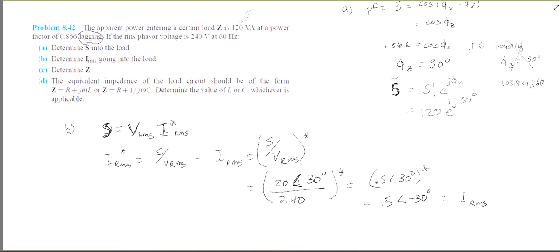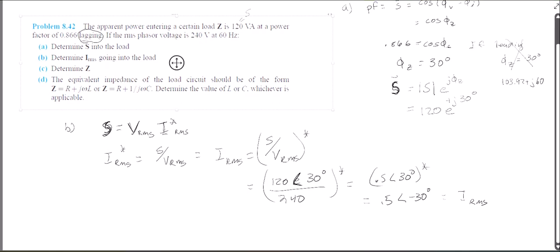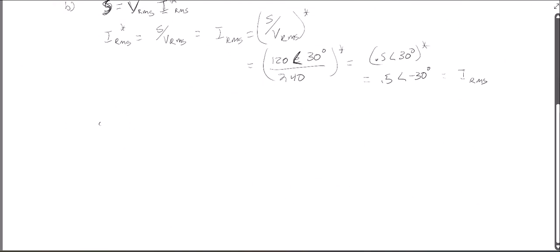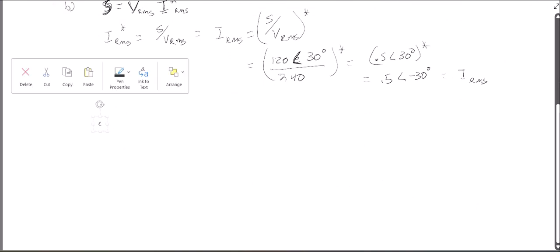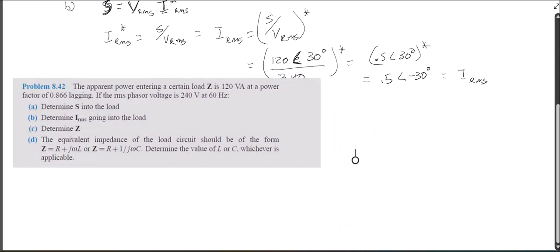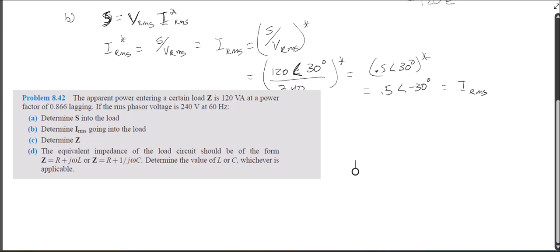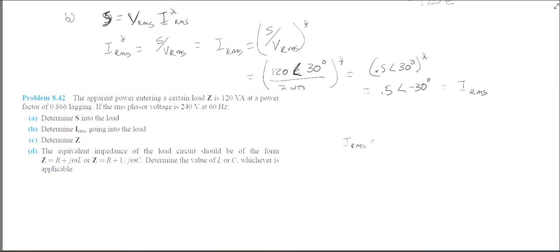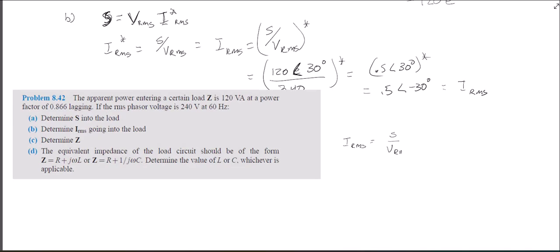And like I said, there's always lots of different ways to do this. So I could have said instead, just looking at the magnitudes, not looking at the angles, I can say that I RMS equals S over V RMS.